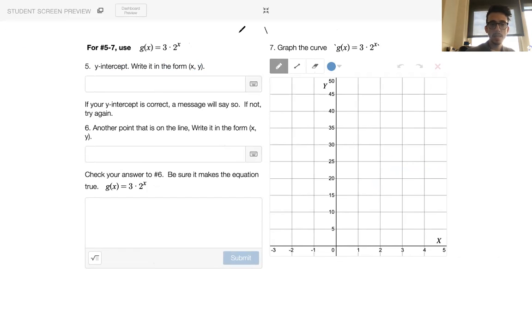It has 3, it's multiplying. Hopefully you're saying, well, in module 1, you might have called this geometric. But now you should be saying it's exponential. And if you need a refresher as to how that looks, it's usually in the form of a times b to the x power, where again, a is our starting value.